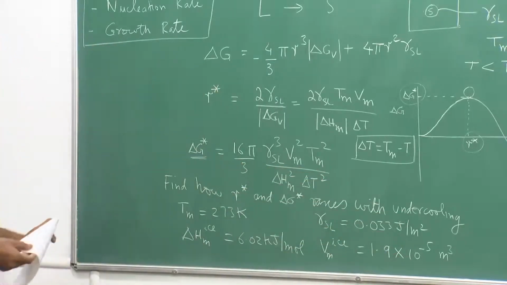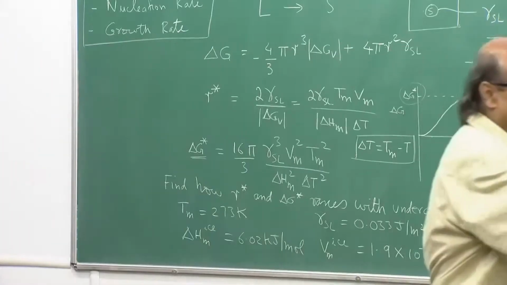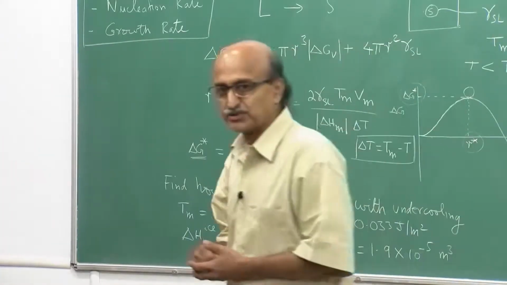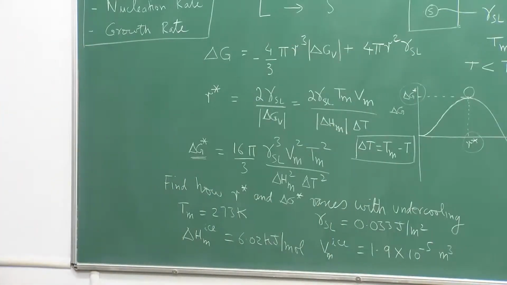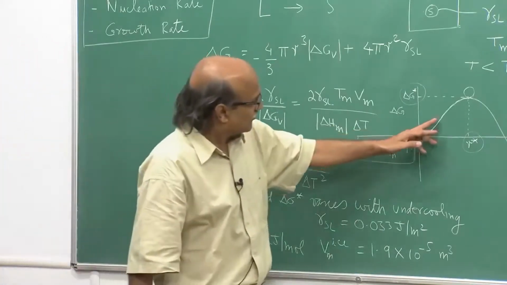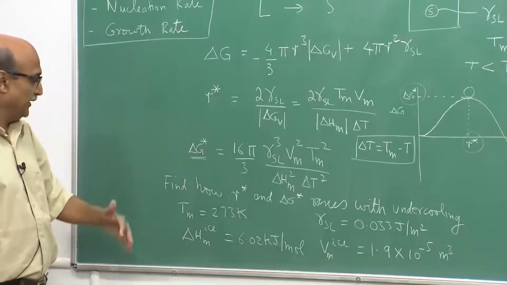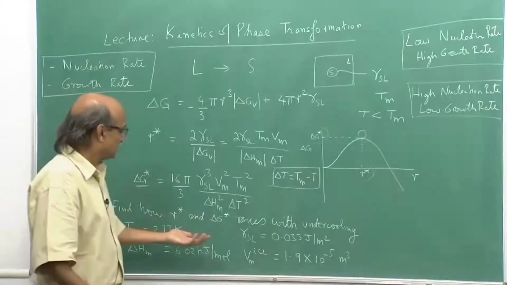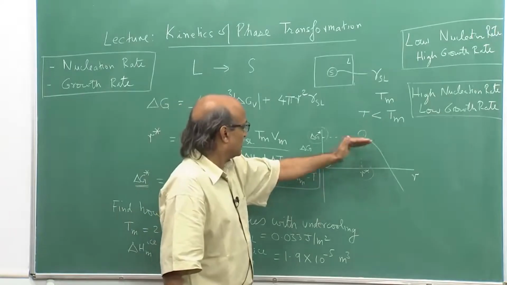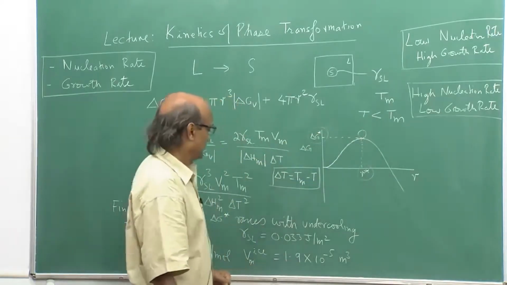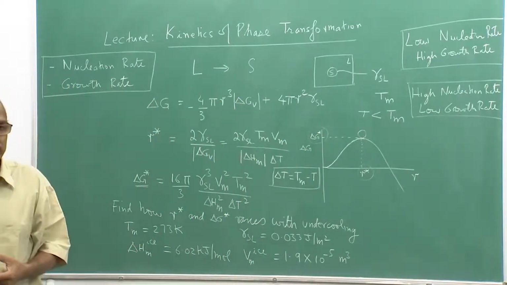what we are going to do first, we are first going to examine in a little bit more detail than what was done earlier how the nature of this curve changes with undercooling, which means how R star and delta G star shift as I change the transformation temperature.